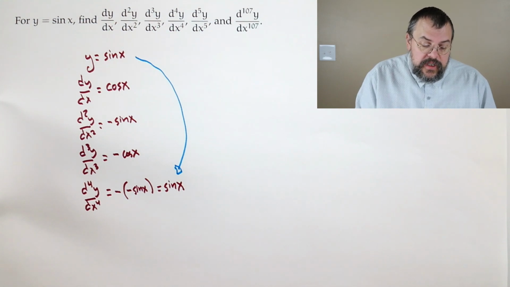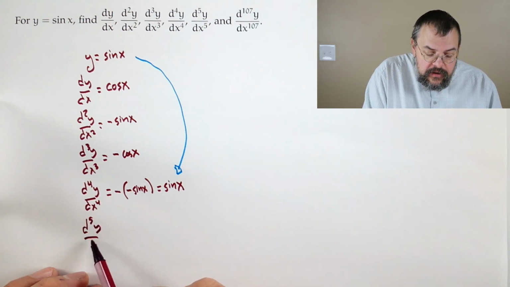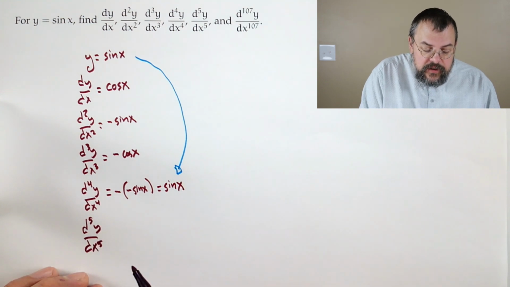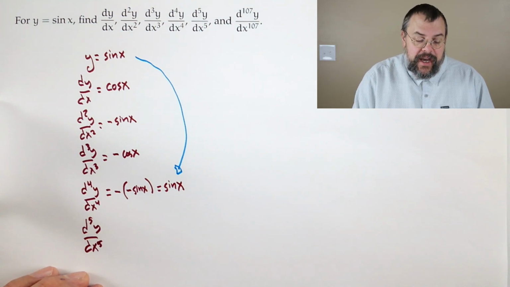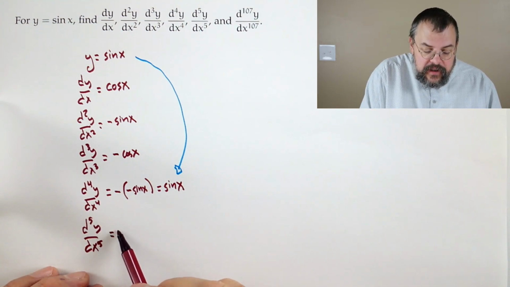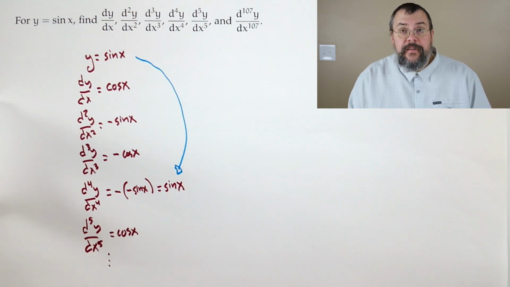All right, so what does that mean? Well, that means taking the 5th derivative is really the same as taking the first derivative, because remember, we've reset. And so if we're back to sine, the derivative of sine is cosine.